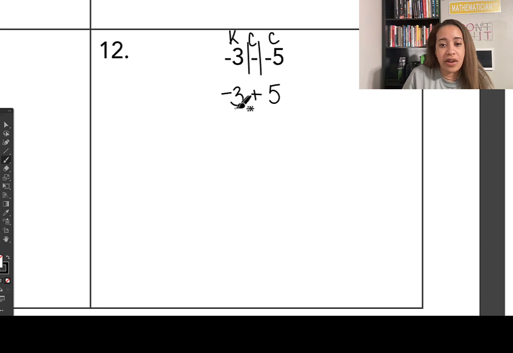We've got a negative number and a positive number. Since they have different signs, we say different signs subtract. 5 minus 3 is 2. And then to double check our sign, we go back to our addition problem, and we see that the higher absolute value was positive, so our final answer must stay positive.